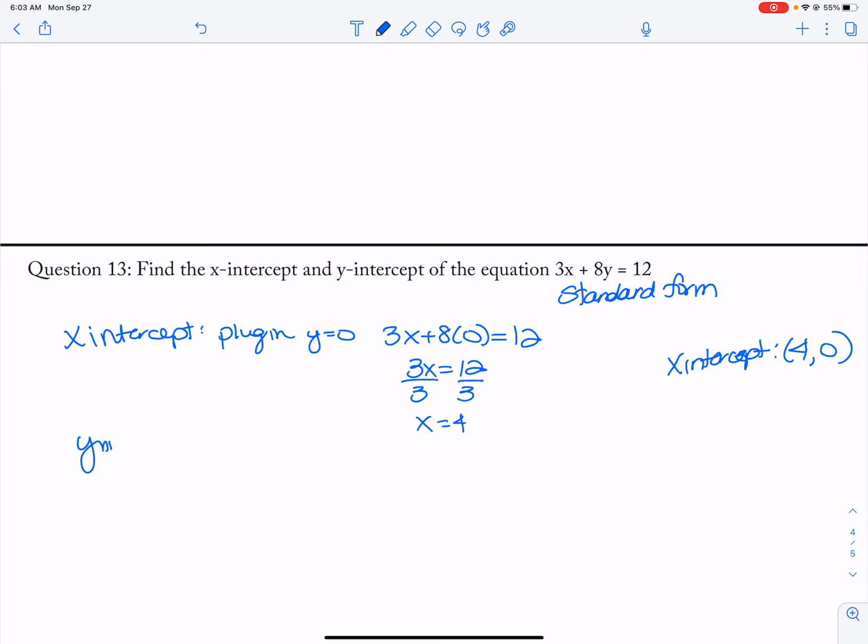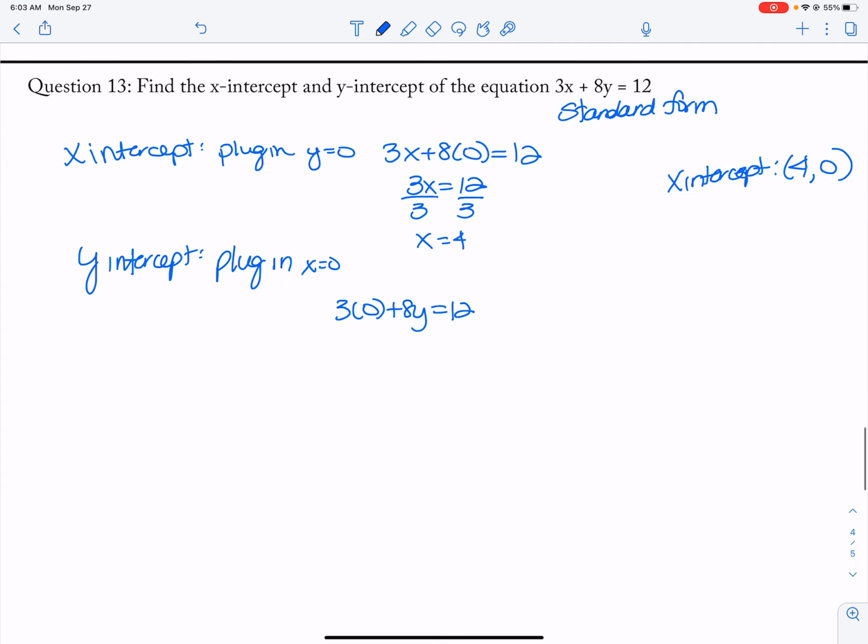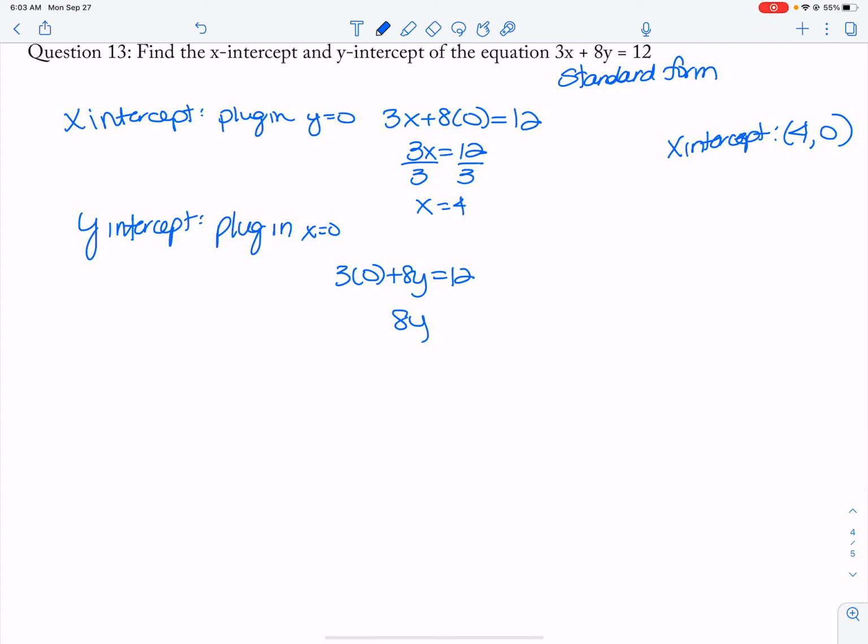My y-intercept, I plug in x equals 0. So then 3 times 0 plus 8y is equal to 12. So 8y is equal to 12. Divide both sides by 8.